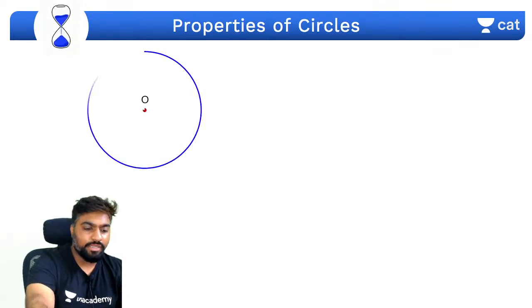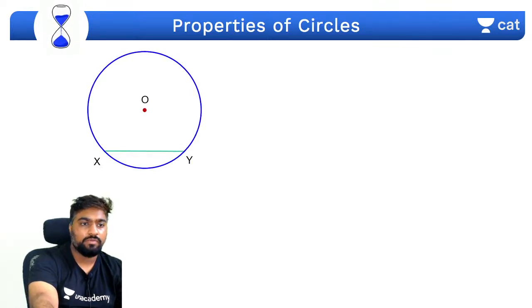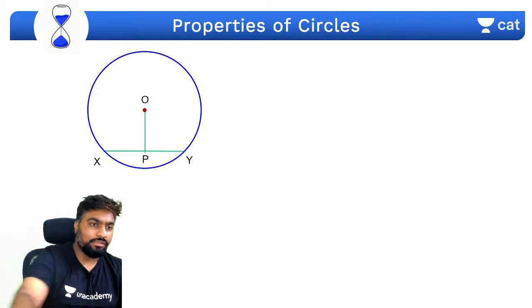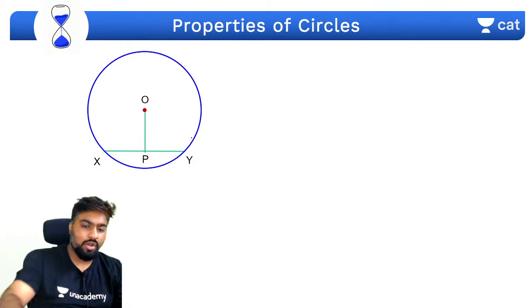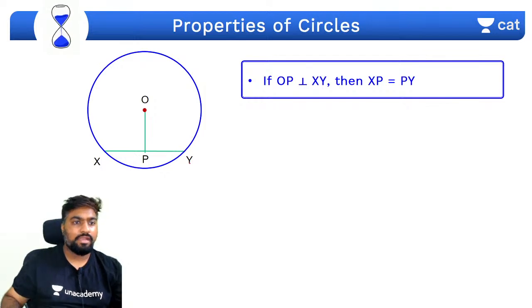Okay. Another property of the chords of a circle is this: if the radius joins a point on the chord, and if it is perpendicular, then XP will be equal to PY.